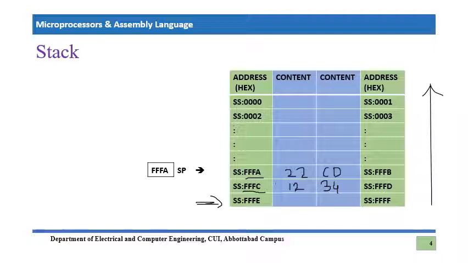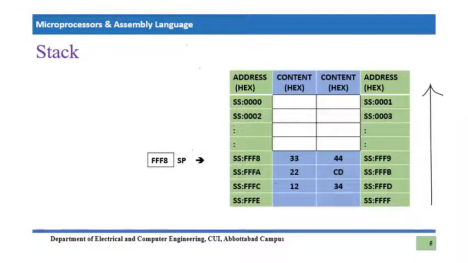So here we learn an important fact that these 2 bytes, let me point, these 2 bytes will never be used, and in the starting the pointer was here, but as long as we start filling some information in the stake, the pointer will jump to the location which is the last used. Since 2 to CD is the last information which is used in this stake, the pointer is also pointing to this address, which is FFFA, and the pointer is here, the pointer of stake, which is known as stake pointer.